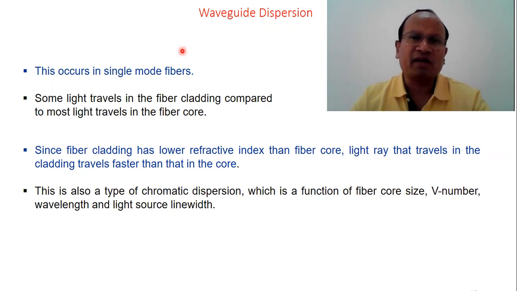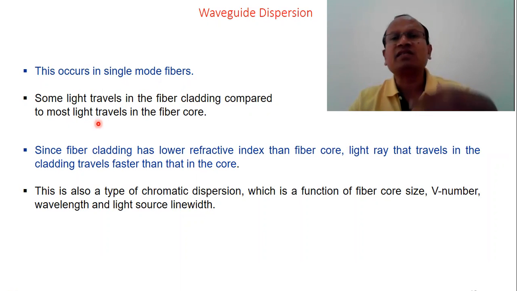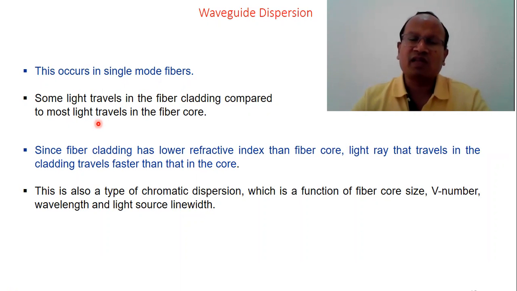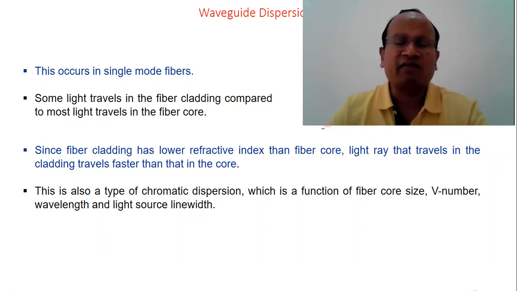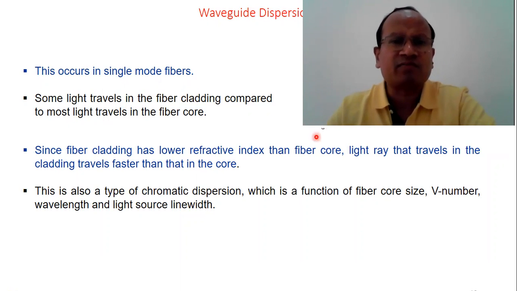The next is waveguide dispersion. Waveguide dispersion occurs in single mode fibers. Some light travels in the fiber cladding compared to most light, which travels in the fiber core. When some part of light travels in the cladding area, it means there is a loss.